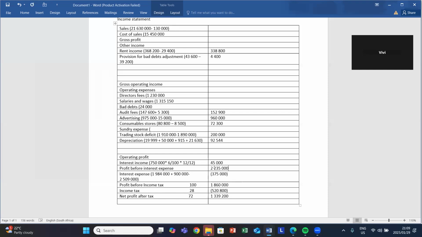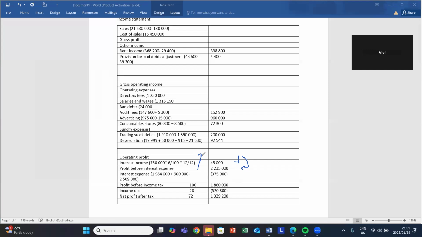How are we going to get the operating profit? We know that to get profit before interest expense, we normally say operating profit plus interest income. But in this situation, you're starting from the bottom going upwards, so we'll do vice versa of what we normally do.